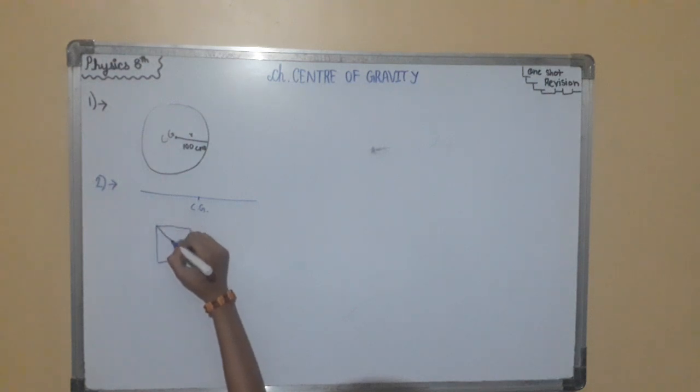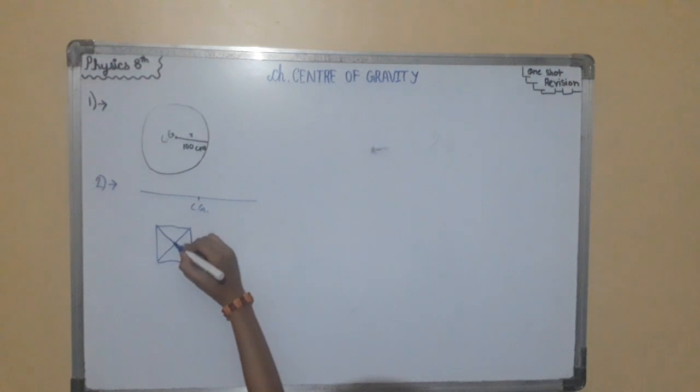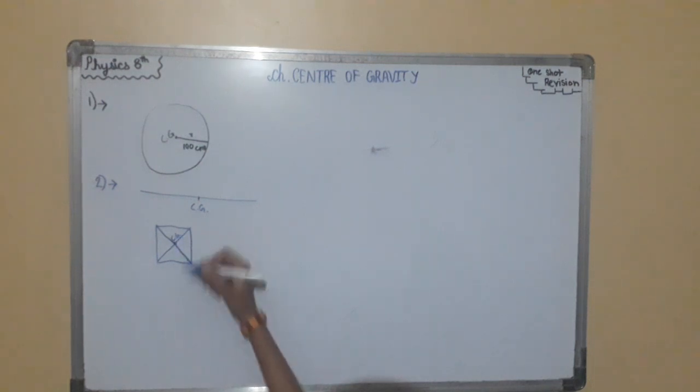The intersection point of the diagonals is this point, and this is the center of gravity. Similarly, when it is bent in the form of a circle, its CG shifts to the center.